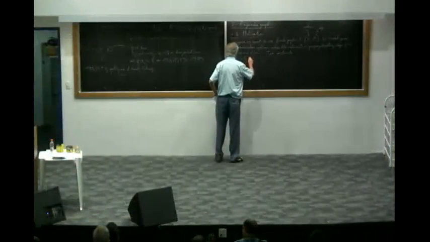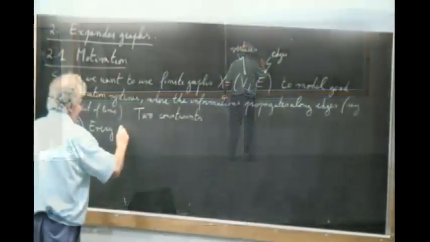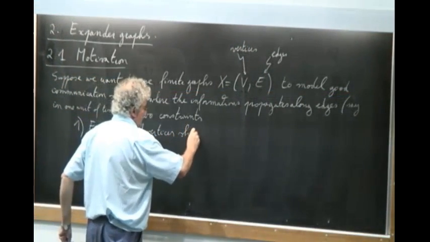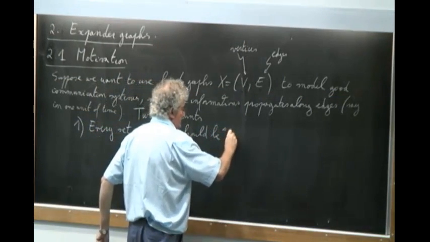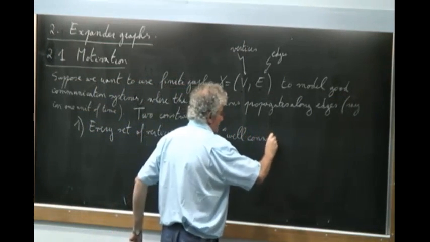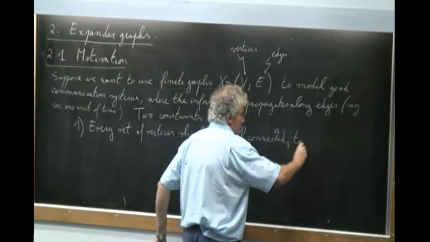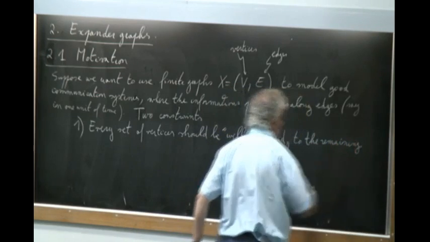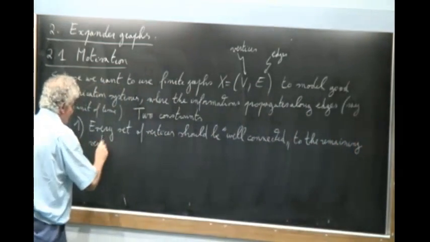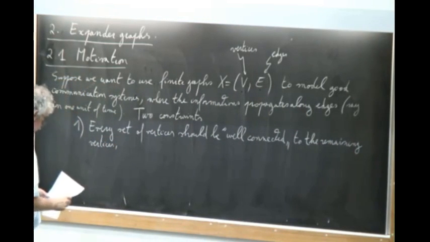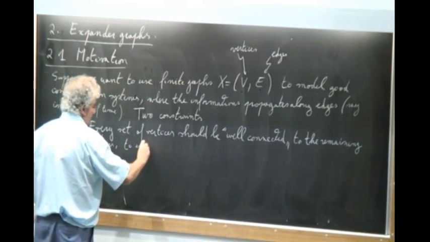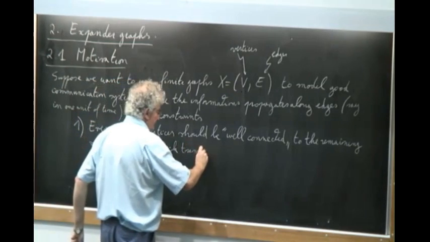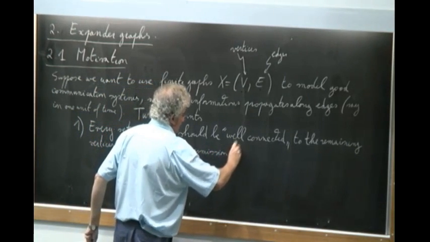The first constraint is that every set of vertices should be well connected to the remaining vertices, this means to the complement, to ensure quick transmission of information.